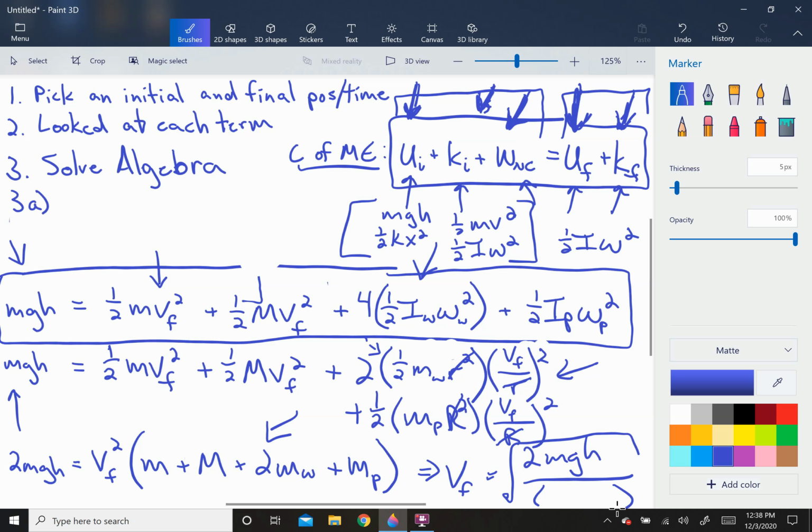And then I'll put 3a, we'll say extra minor physics. For example, rolling without slipping. Okay?